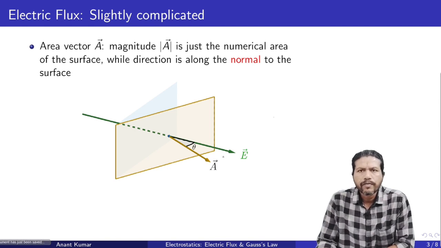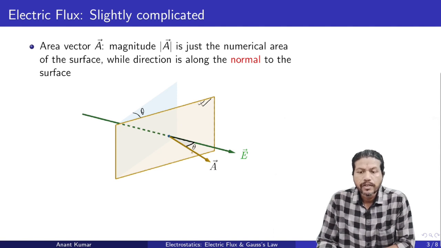Fine. So, with this particular idea in mind, we could look at the previous result. We see that the electric field, I have removed most of the other arrows, lines actually, and the area vector in this case is pointing perpendicular to this plane over here. The angle which we originally took, the angle between the two planes, is still the angle between the area vector and the electric field.